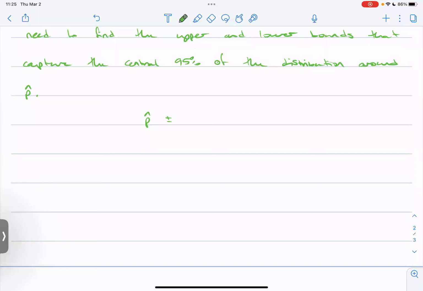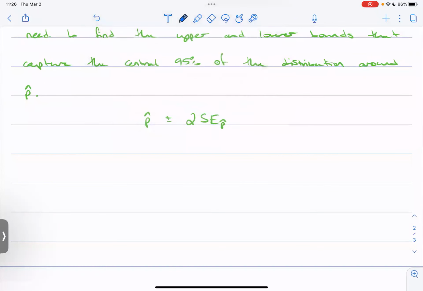Let's say 2, just for a rough approximation. Like I said, we're going to refine that a little bit. 2 times the standard error of p hat. I want to move down 2 standard errors and up 2 standard errors.